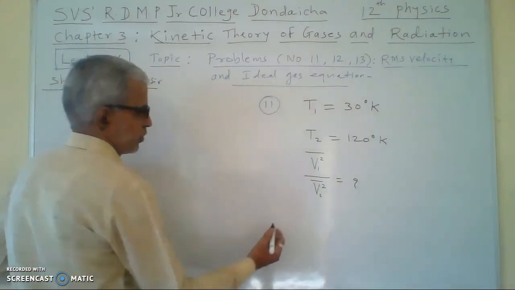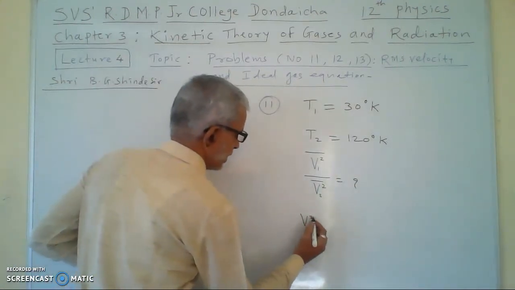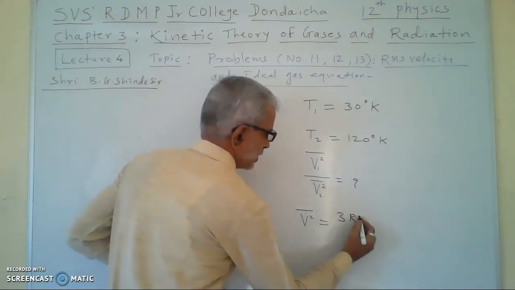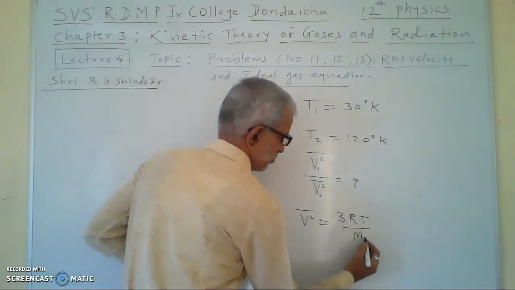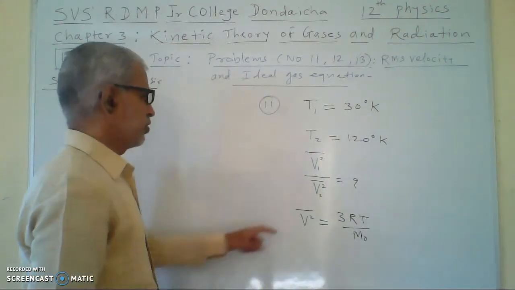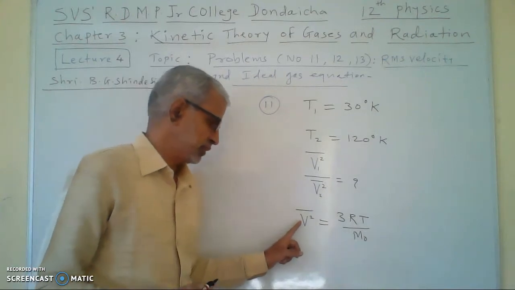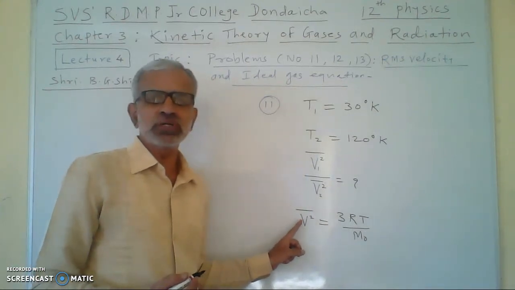So the formula: V square bar is equal to 3RT upon M0. We have obtained this formula in lecture number 3. This is the formula of the mean square velocity.